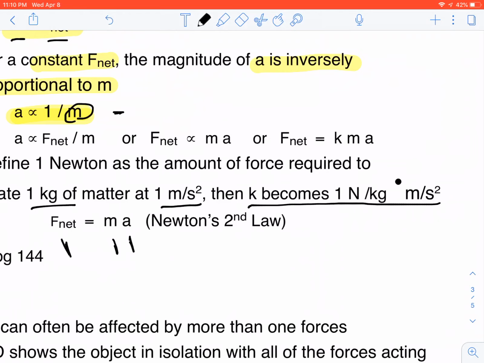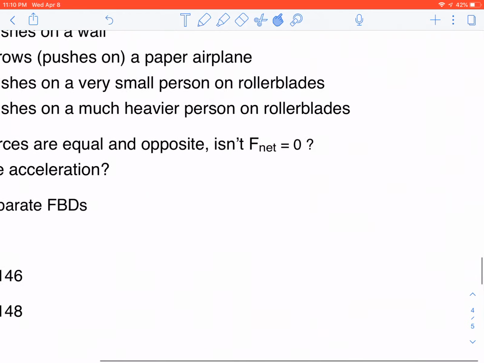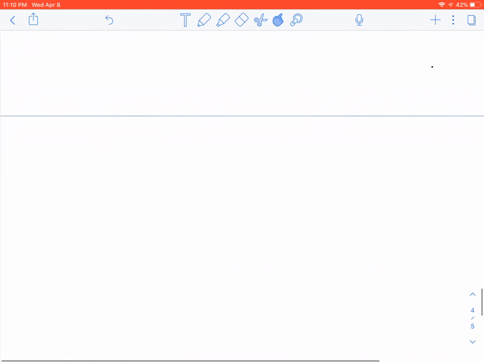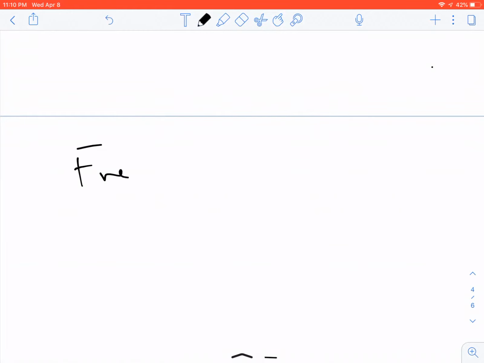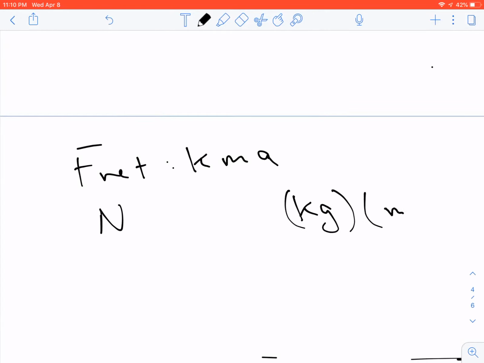So if F net equals k times m times a, and F net is in newtons, and m is in kilograms, and a is in meters per second squared, how do I get newtons over here?